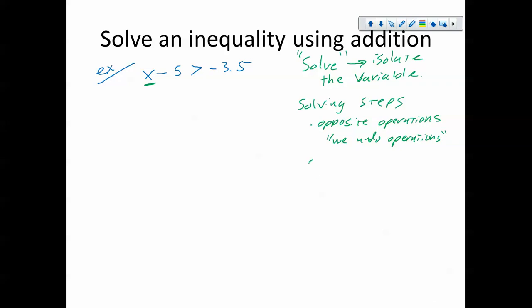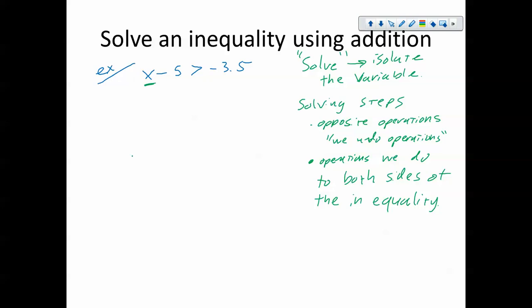And whatever operations we do, we do to both sides of the inequality. And again, we do this to keep that balance, right?